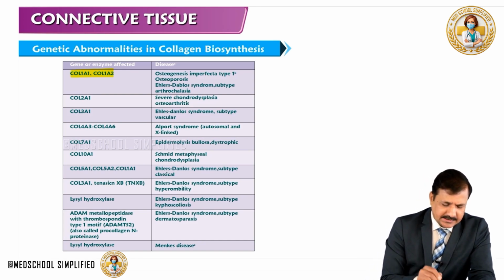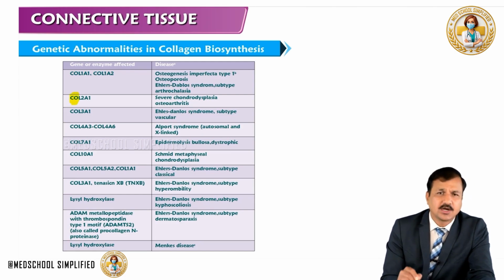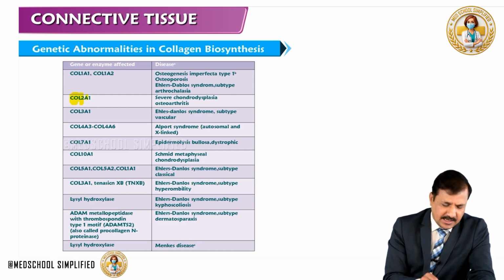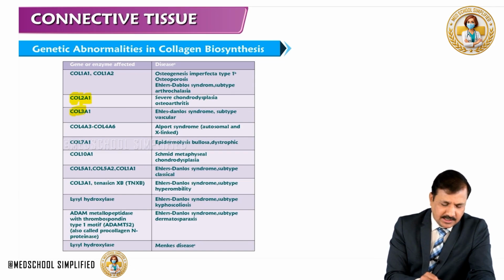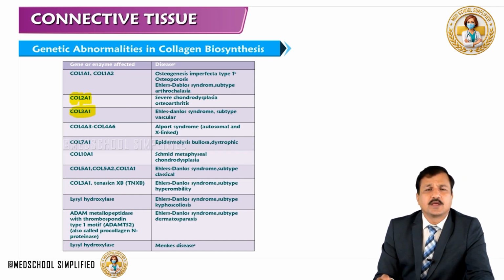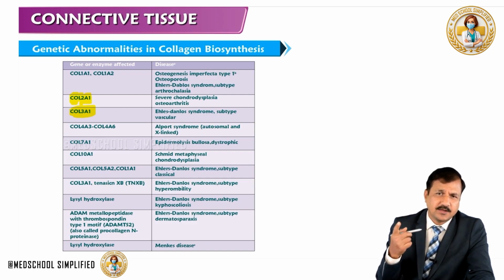Now, how to read this collagen numbering: the gene coding for a specific type of collagen. I will take the number 2 here: COL means collagen, 2 for type 2 collagen, and A1 for alpha 1 chain. Similarly, COL3 in the third row is type 3 collagen, A1 for alpha 1 chain of type 3 collagen.